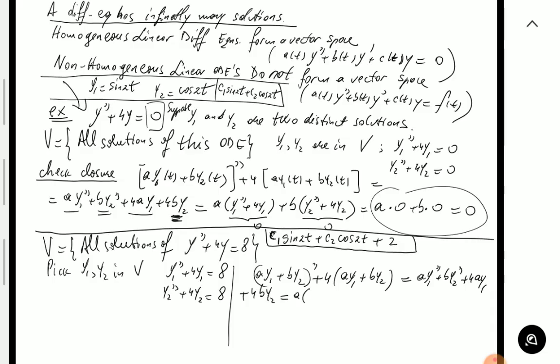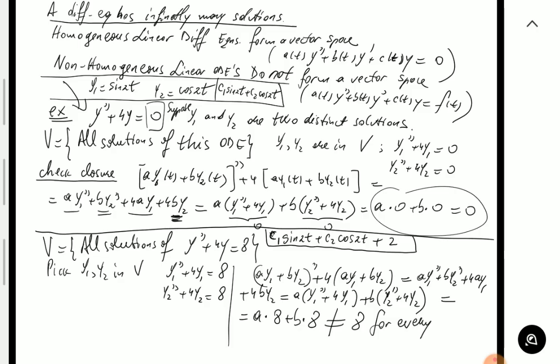We can do again the rearrangement of the terms just like before. But now, because each of them satisfies the same ODE, you're going to end up with a times 8 plus b times 8, and of course this is not going to be equal to 8 for every a and b, so it's not going to solve the same equation.